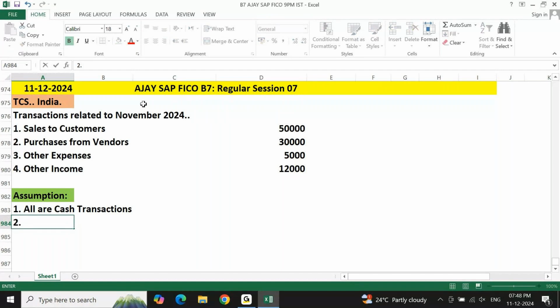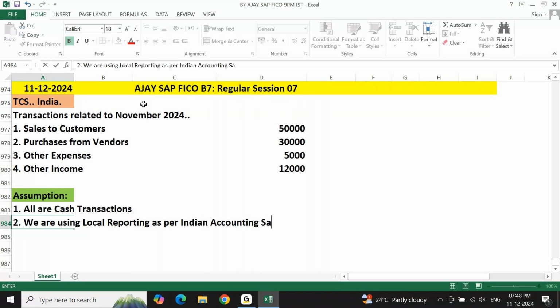Second point, we are using local reporting as per Indian accounting standards.